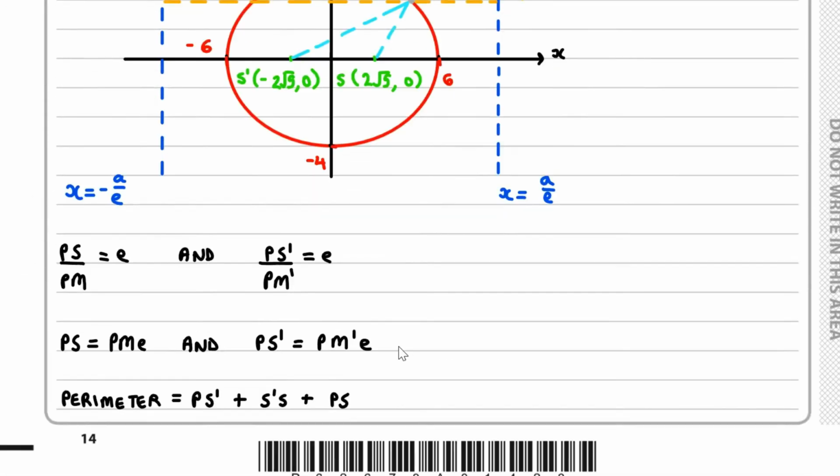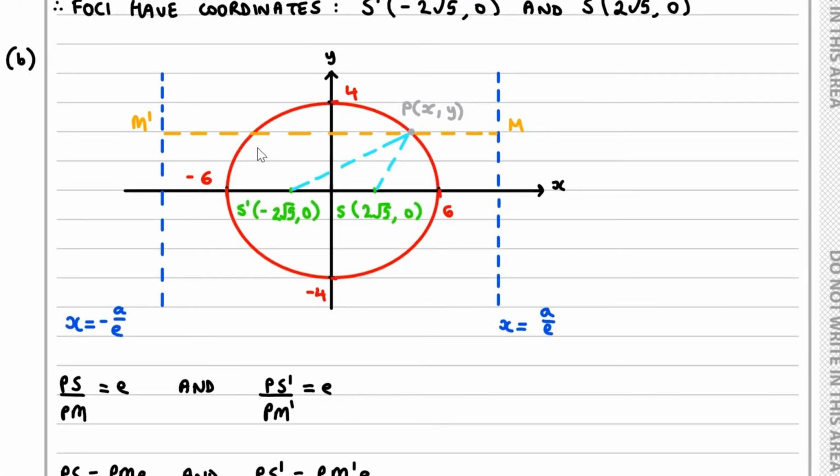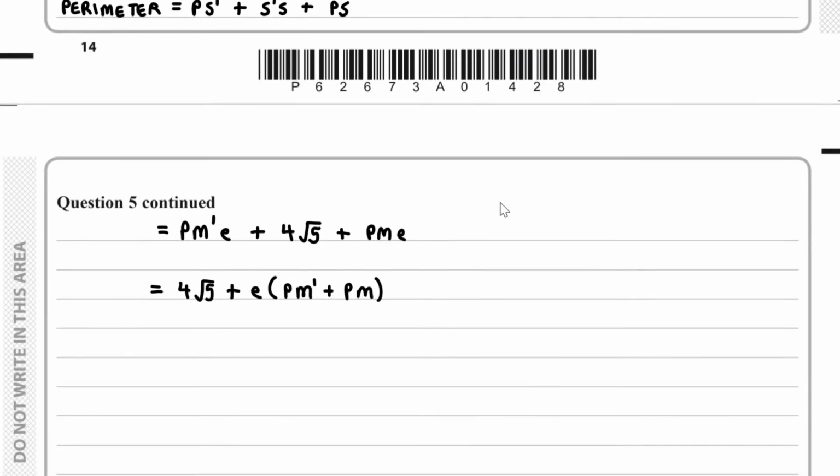Now we can actually find the distance PM dash and PM. Well, over here, PM dash, the distance from here to here, as of course P moves around the ellipse, that will be x plus a over e. We're going from minus a over e to x, so therefore that distance will be x plus a over e.